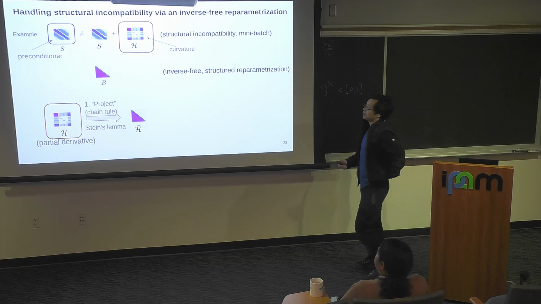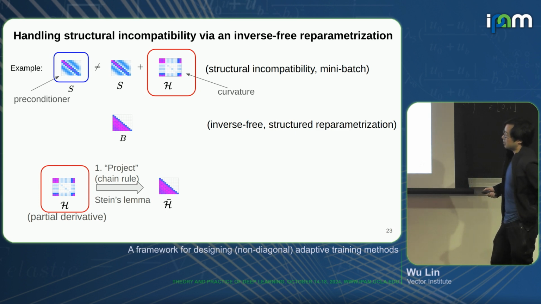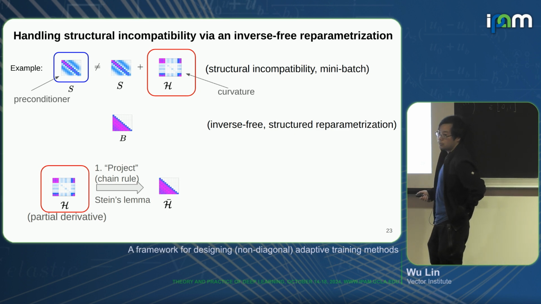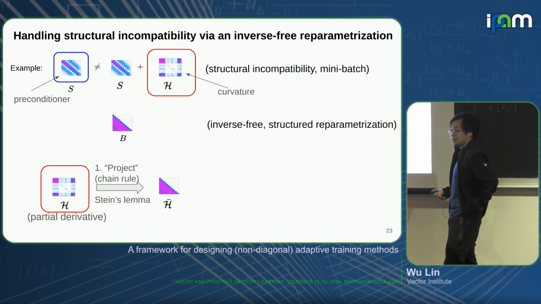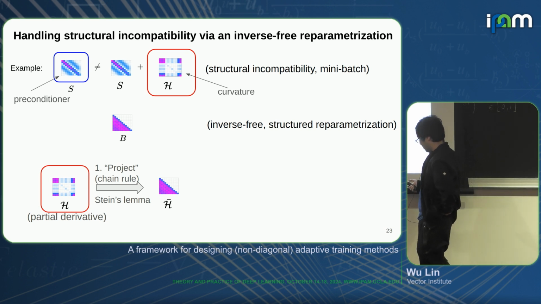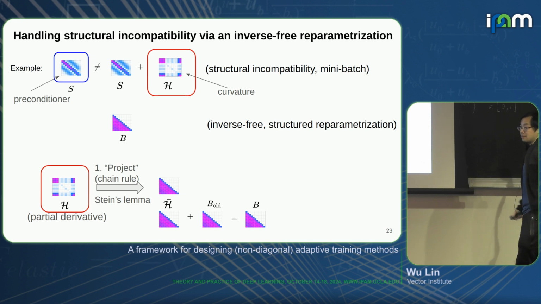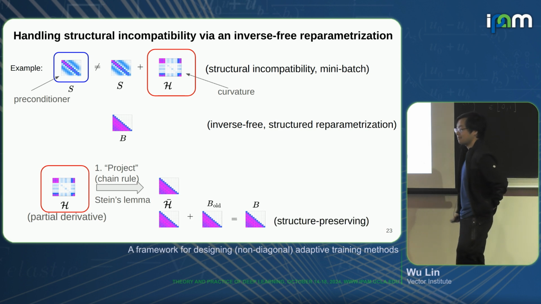The key idea is that we treat the Hessian or gradient outer product as a partial derivative, and this is because of the Stein lemma we're going to talk about in the next slide. Then we can use the chain rule to project into this new parameter space. Once we project into this new parameter space, we show that we can perform natural descent in this new coordinate system, and this is structure preserving.